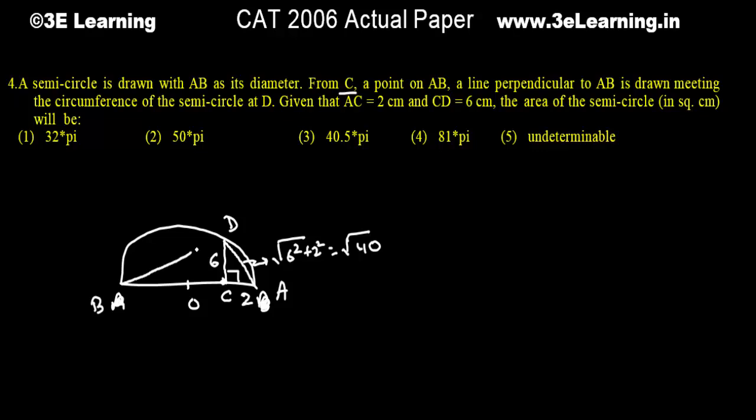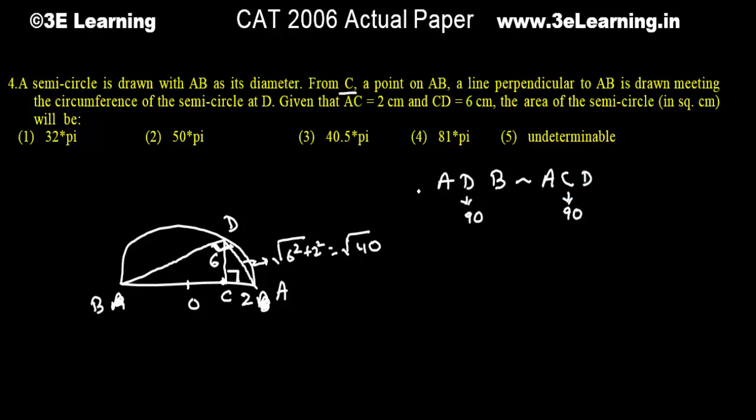When it's a diameter, we can say we have a right angle triangle here. What does that mean? We have a figure which has 2 right angle triangles. That means a perfect similarity condition. So we can write a similarity between triangle ADB where D is 90 degrees and triangle ACD where A is common and C is 90 degrees.